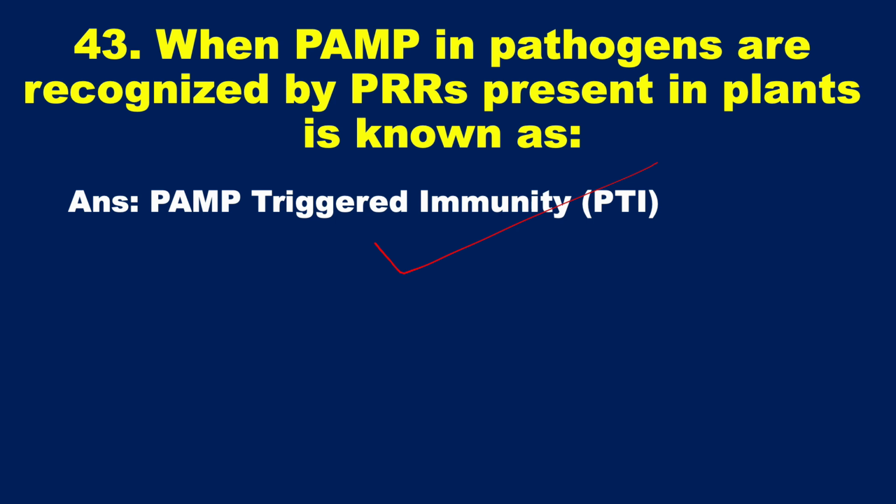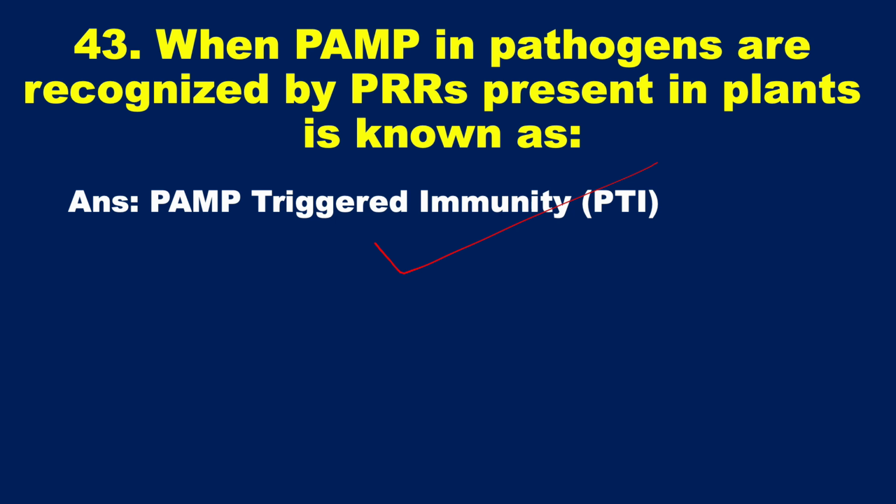Interestingly, the recognition of PAMPs by plant receptors known as pattern recognition receptors or PRRs initiates PTI signaling. PRRs are located on the plant cell surface and are able to detect PAMPs.